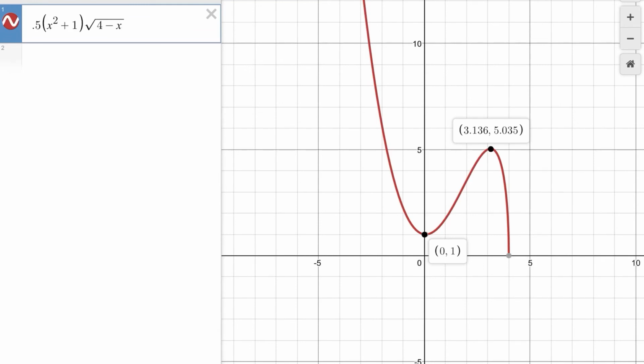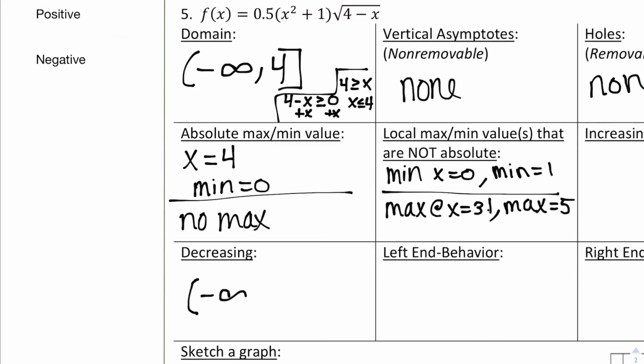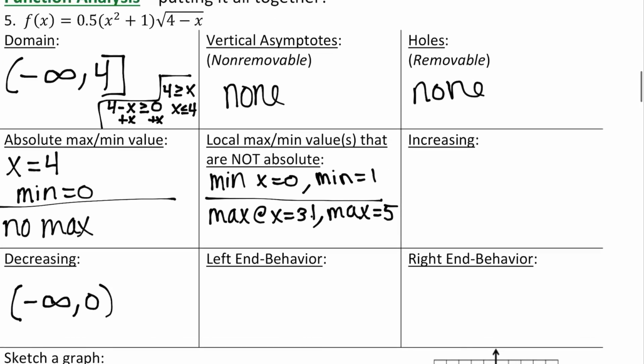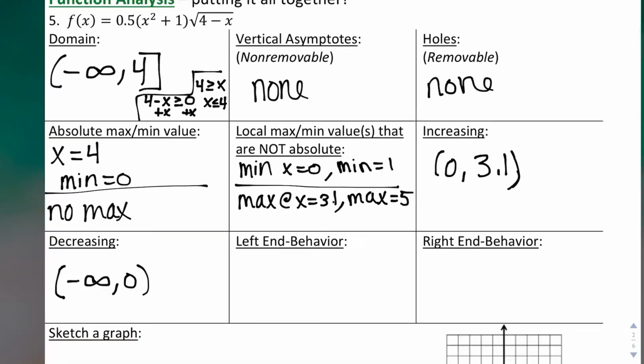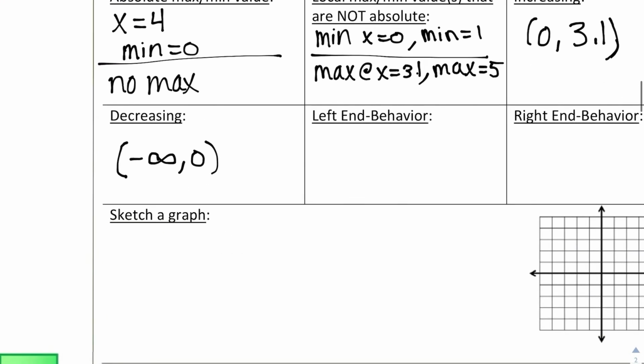So we're decreasing from negative infinity all the way up to 0. And then we increase from 0 to 3.1. And then we are decreasing again from 3.1 to 4, right? And it stops at 4. So 3.1 to 4.